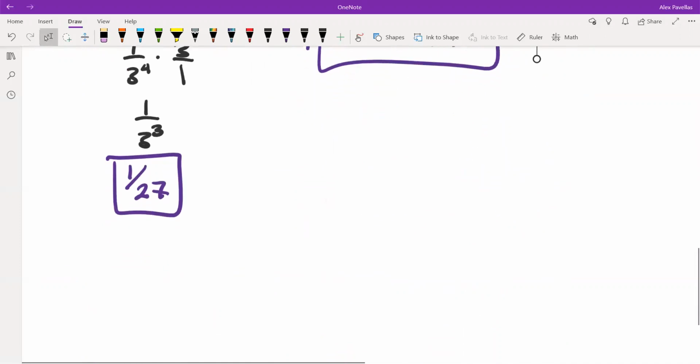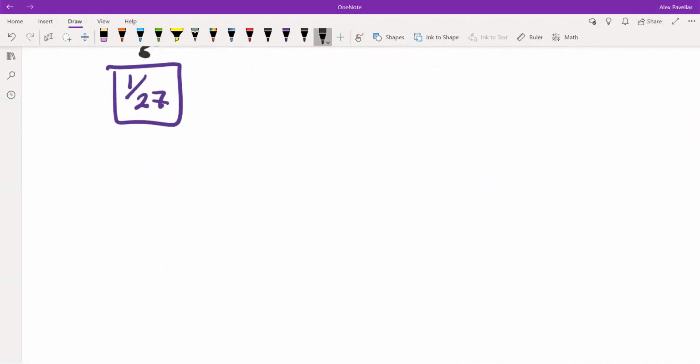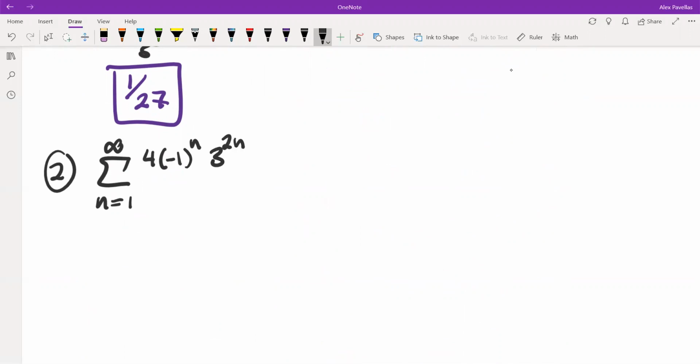So problem number 2. The sum as n goes from 1 to infinity of 4 times -1 to the n times 3 to the 2n, all divided by 2 to the 3n. And again, we want to answer the same question: what is r, so we know whether or not it converges.